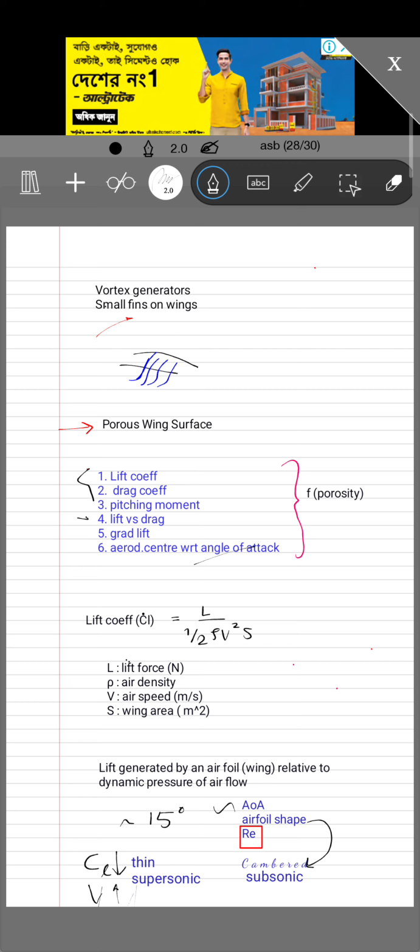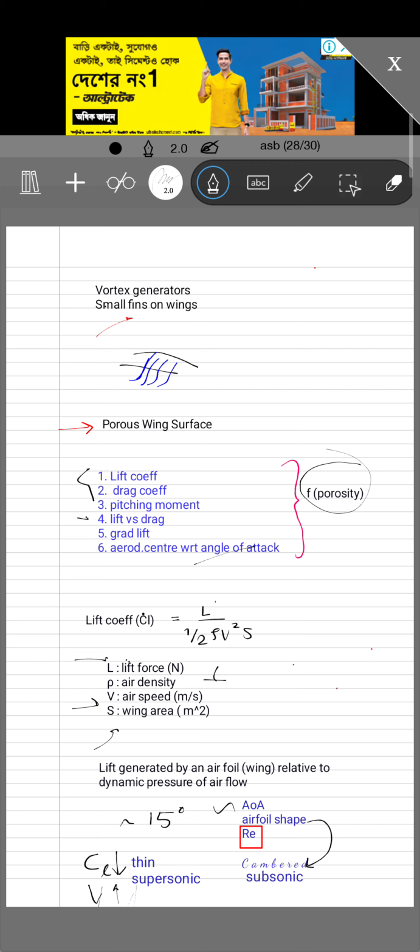They are all functions of porosity. Mathematically, we can express the lift coefficient as the lift force L divided by half rho v squared S, where v is the speed of the aircraft moving, S is the wing area, rho is the air density, and L is the force.